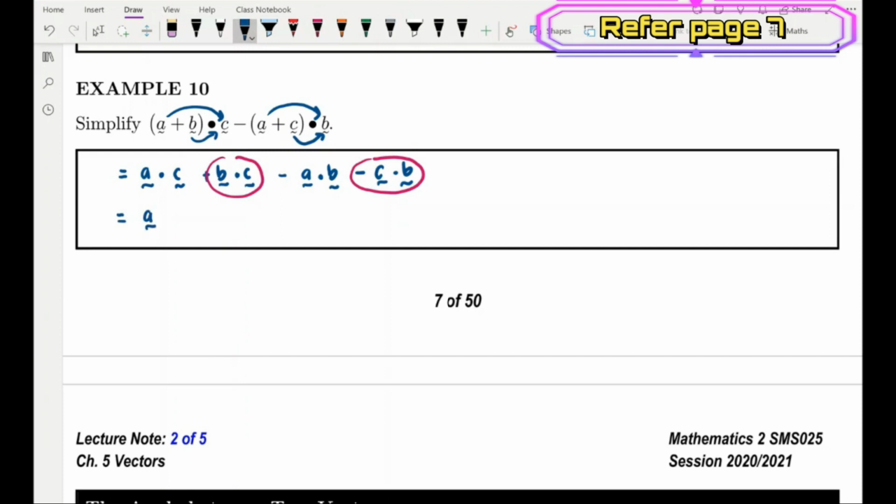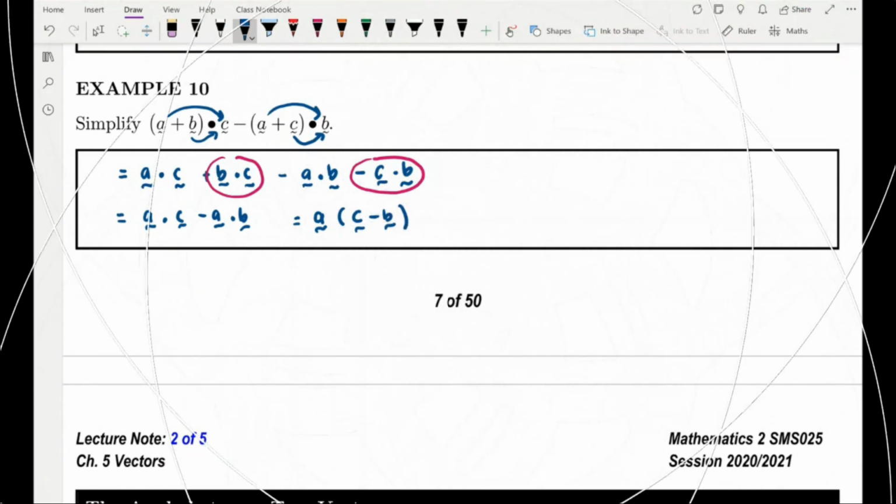So the rest is A dot C minus A dot B. Or we factorize back the same element which is A. So A dot (C minus B). So this is our final answer.